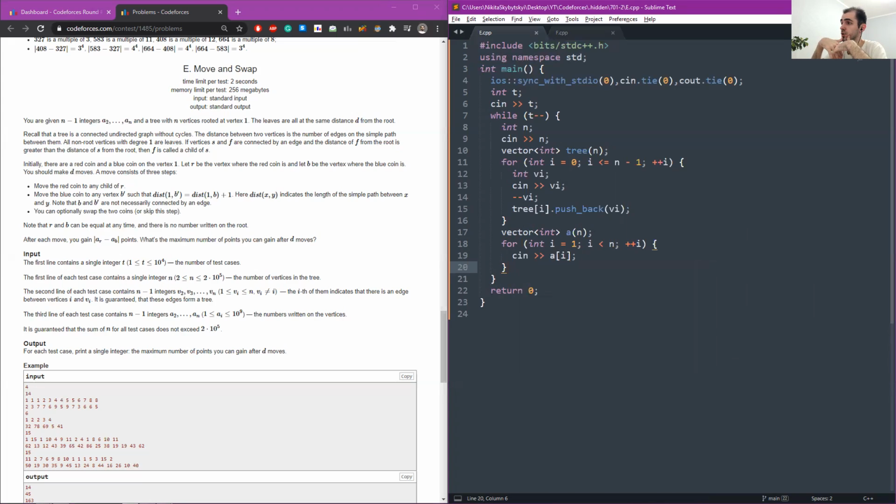Well, there are clear problems with DP, because we cannot have a pair of vertices as a state, since enumerating all pairs of 10 to the 5th elements would be difficult.